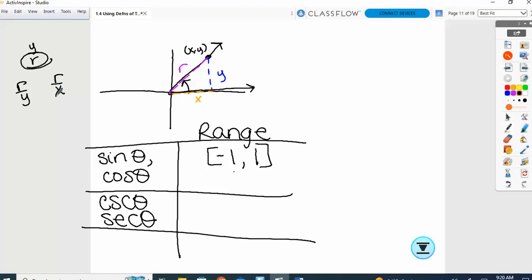Now again, from yesterday when we talked about those quadrantal angles, we know it can equal 1. So with secant and cosecant, you can have basically the opposite of sine and cosine. Sine and cosine are between -1 and 1. Secant and cosecant is everything smaller than -1 or bigger than +1. It's the opposite because they're reciprocals.